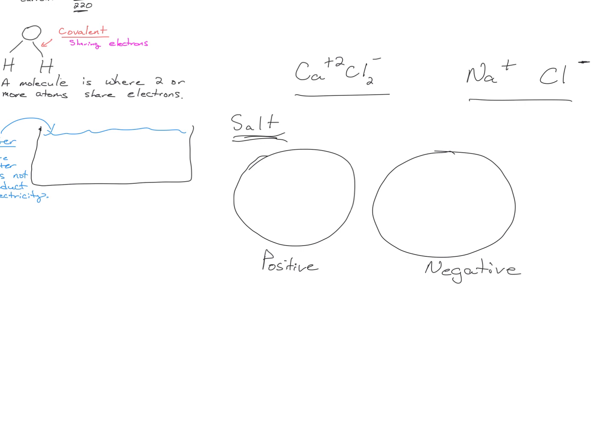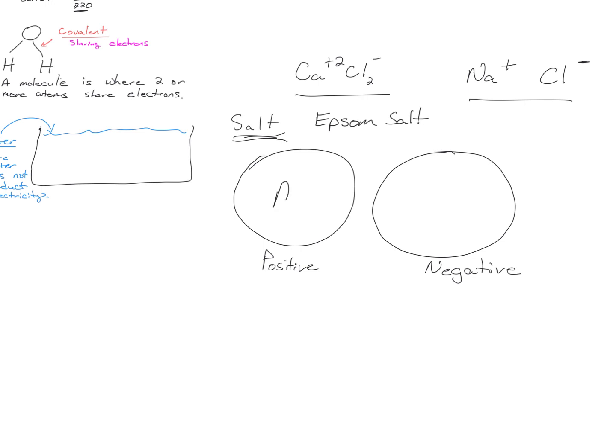So now let's take a look at the positive. The positive in this salt called Epsom salt. A lot of you have heard of it. Epsom salt. Actually, it used to be called what it is, magnesium sulfate.